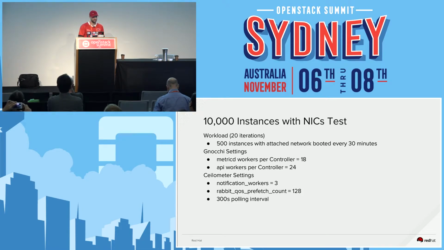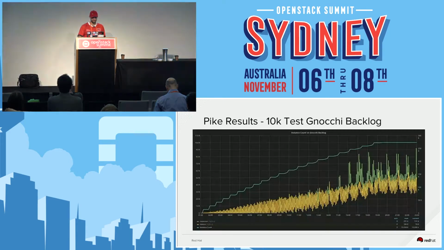The polling interval was the default, which is 300 seconds. That does match the archival policy within Gnocchi itself. And that's another difference in the testing from Okata, where in Okata we tuned the polling interval out more to try to get an even higher scalability.